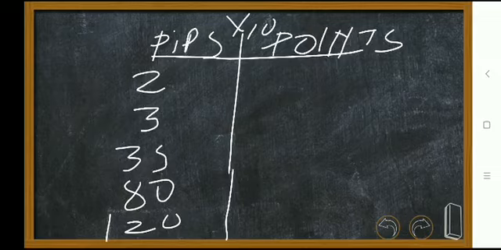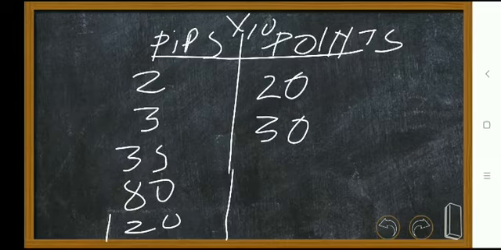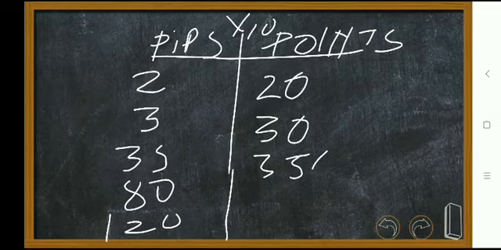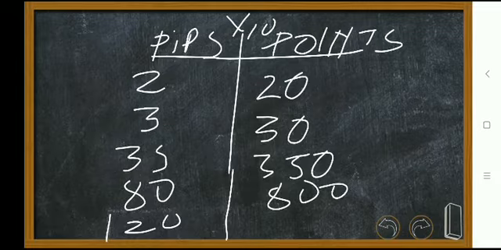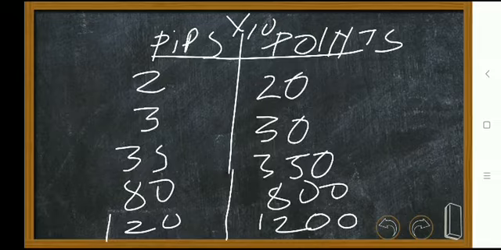So 2 pips will be 20 points. 3 pips will be 30 points. 35 pips will be 350 points. 80 pips will be 800 points. 120 pips will be 1,200 points. So the person who says add 2 pips or do this and that using 2 pips is the same who's saying add 20 points, do this and that for 20 points.